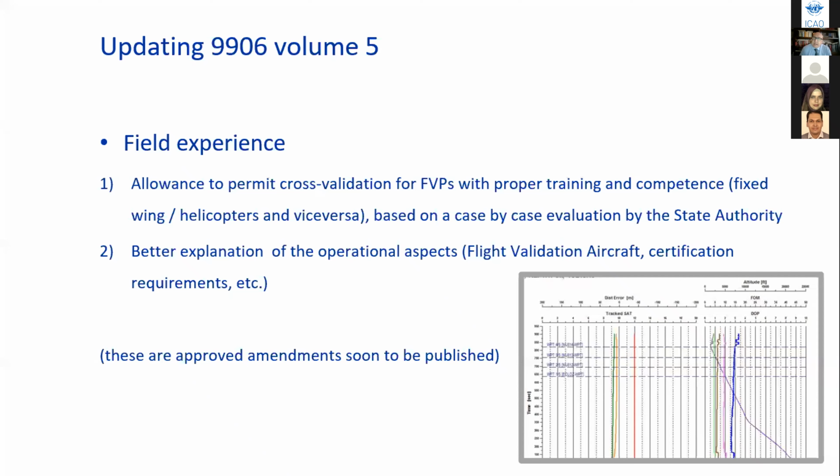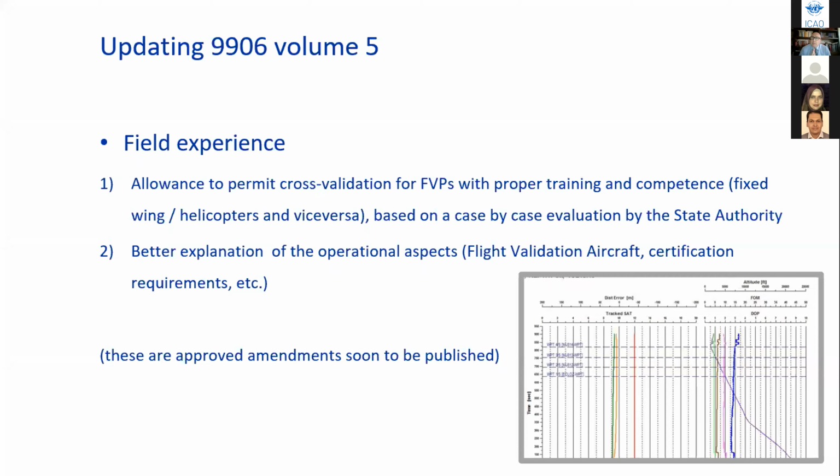This is a practical solution to a practical problem, because when the rule was initially written, and you can find references to this in volume 5 and volume 6 of 9906, the idea was to keep the two worlds completely separated: rotary wings on one side, fixed wing on the other side.